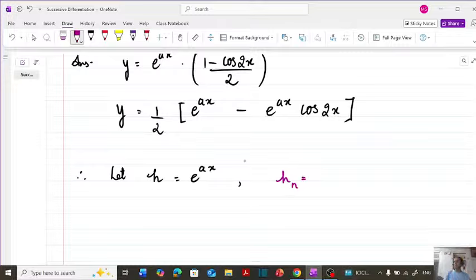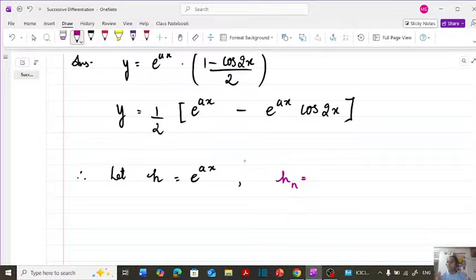So hn, the derivative, is going to be what we just wrote in the formula. So see the formula, how many times you have to take that derivative. Now it's e to the power, right? We have written the formula for a to the power mx.